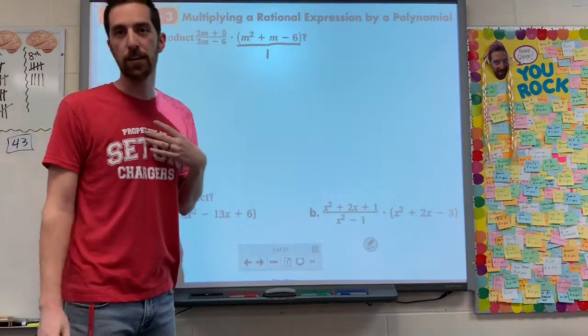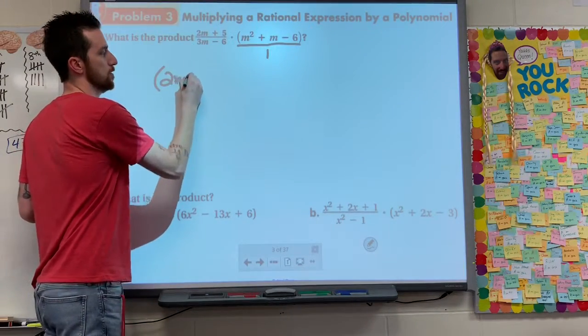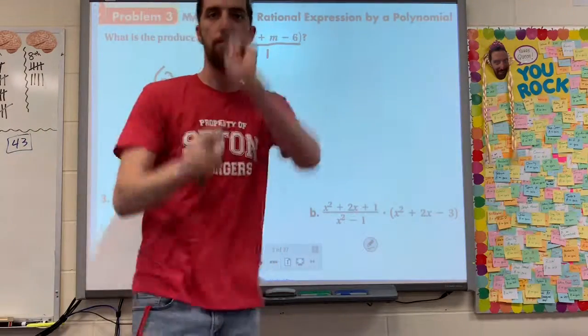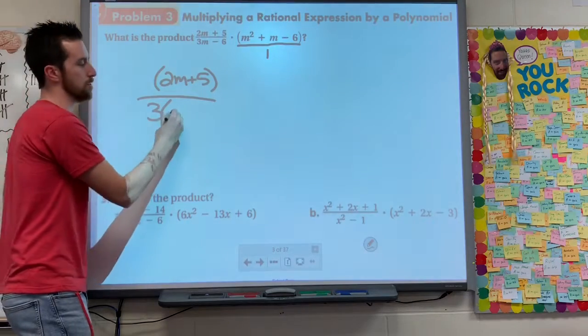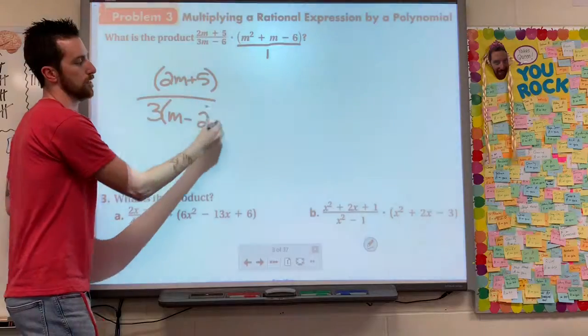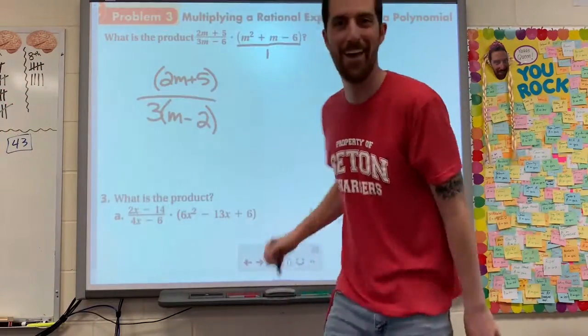2m plus 5, any common factors? No. So just write it, we'll put it in parentheses. 3m minus 6, any common factors? 3. Kick it out, 3 times m is 3m, 3 times negative 2 is negative 6. Everybody's favorite song.